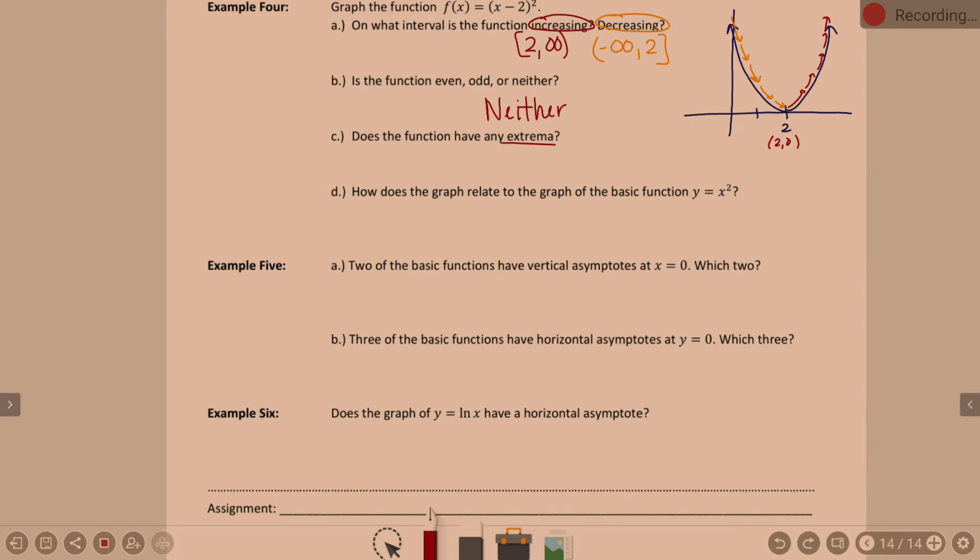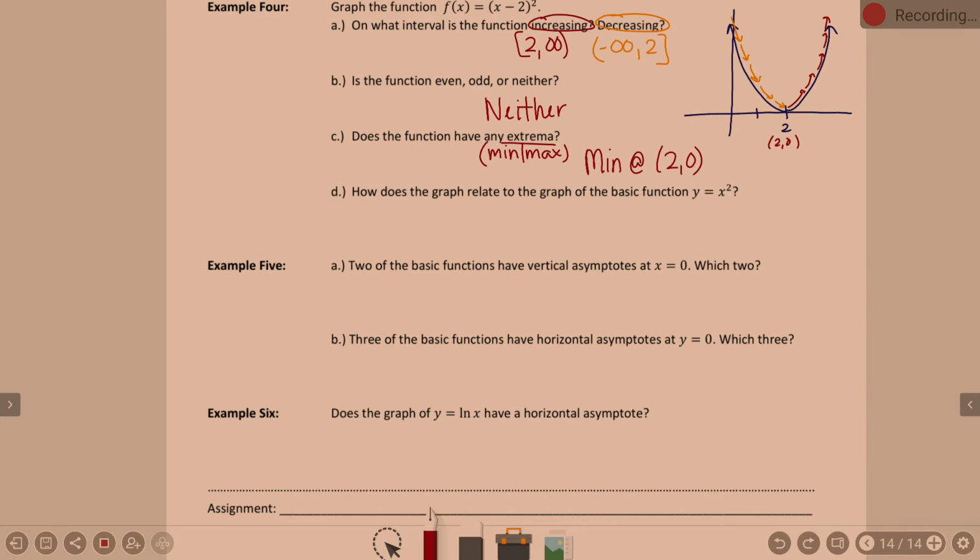You guys remember what extrema are? Mins and max. So really what this question is asking is, does this function have any mins and maxes? There's a min at the ordered pair (2, 0).